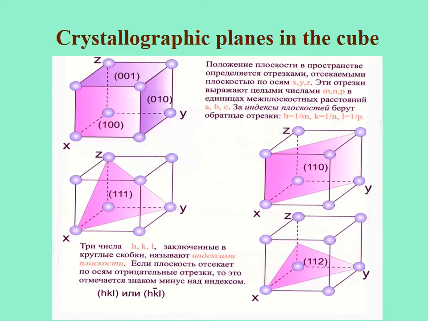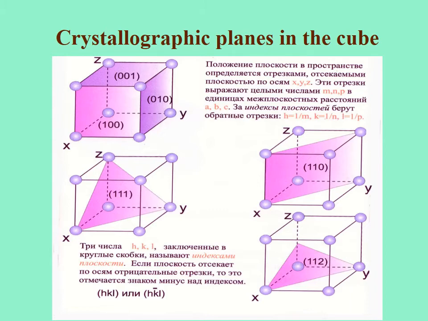The plane Z, O, X has the symbol 0, 1, 0, and the plane X, O, Y, because this plane is parallel to this plane, has the symbol 0, 0, 1.